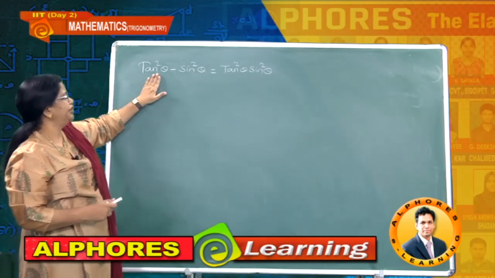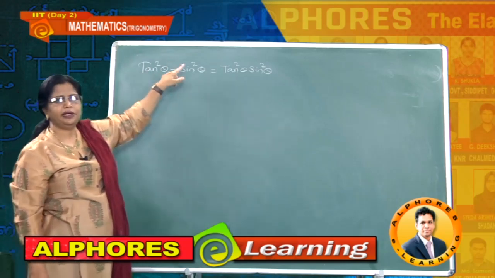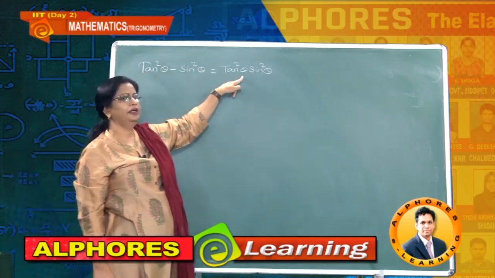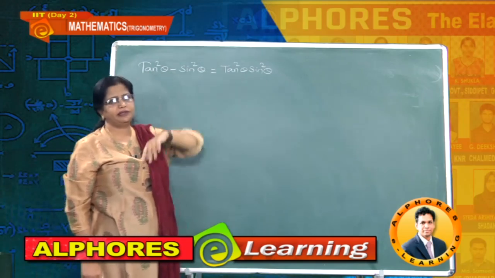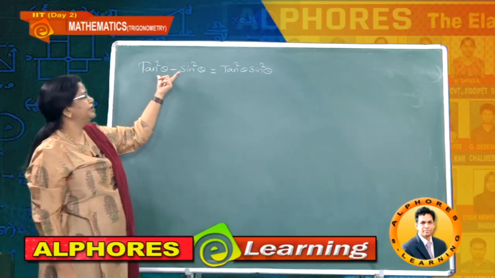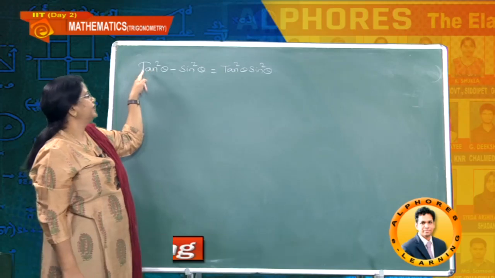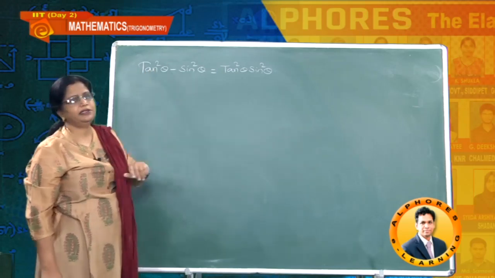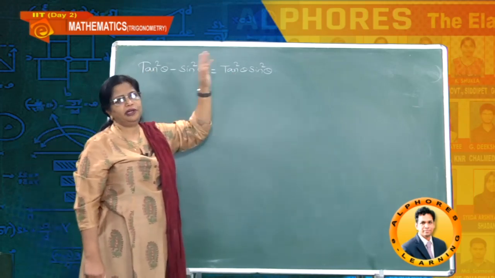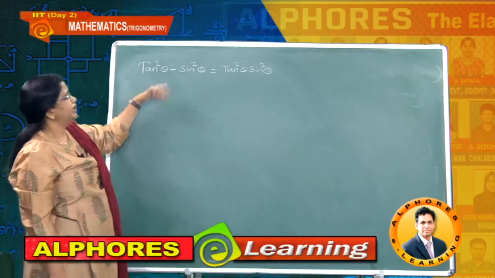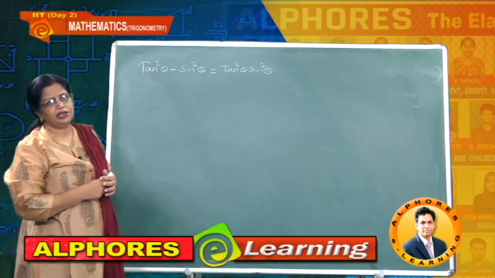Same value, not new values: tan square theta minus sin square theta equals tan square theta into sin square theta. The difference, first term t and next s, and here the product of those two terms. And many times we come across this in our problems.